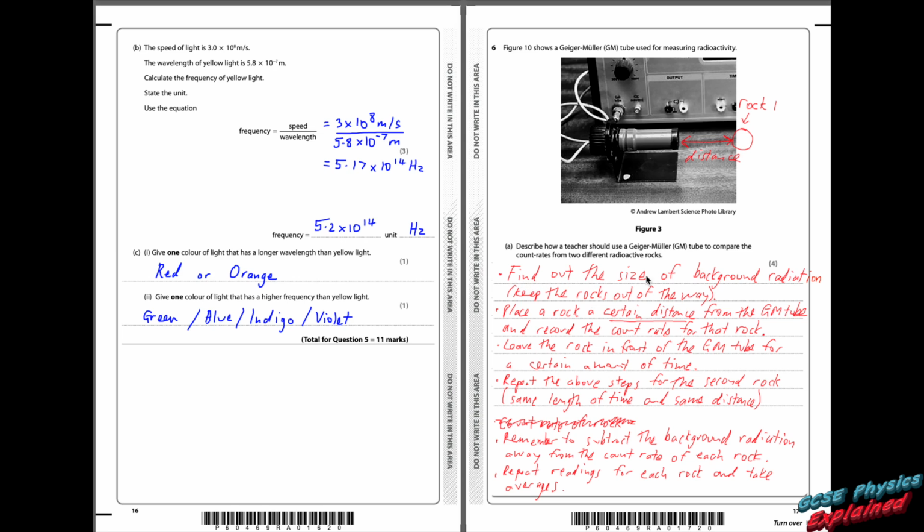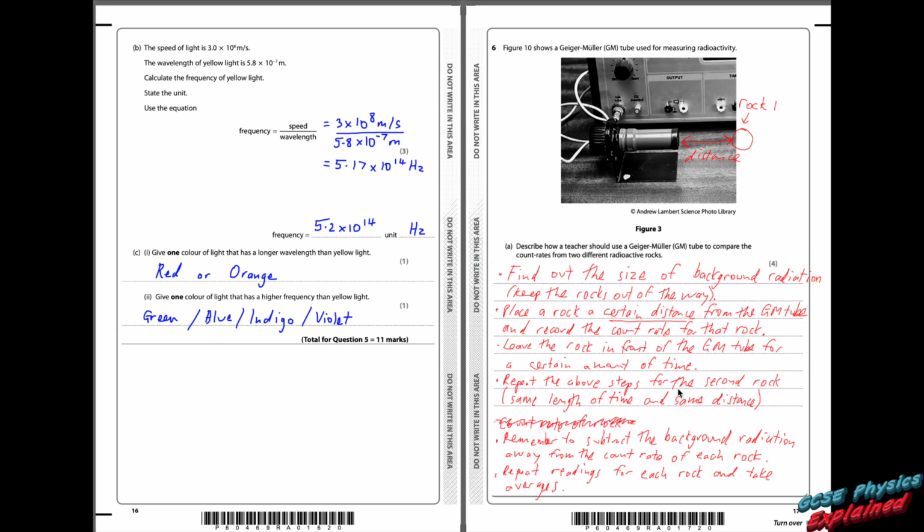First of all, however, find out the size of background radiation, so make sure you keep all the rocks out of the way while you do that. Then, place the first rock a certain distance from the Geiger-Müller tube and record the count rate for that rock. Leave the rock in front of the Geiger-Müller tube for a certain amount of time.